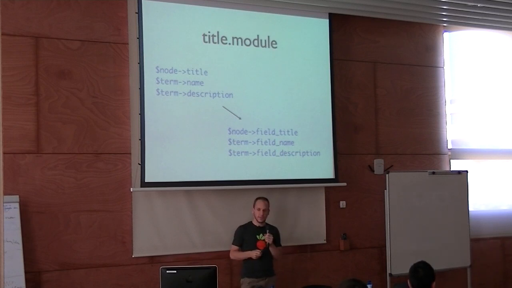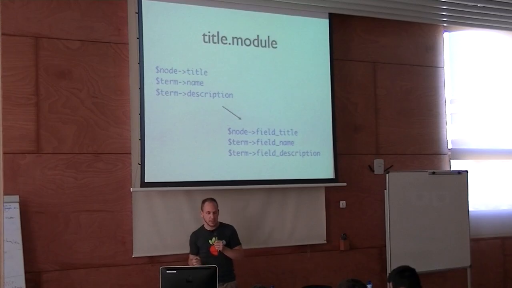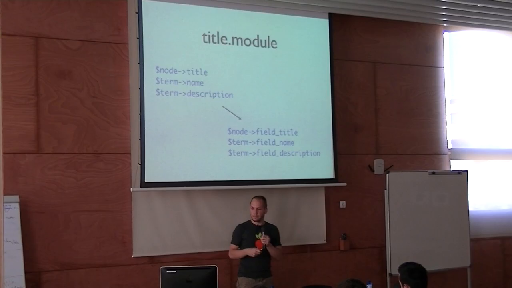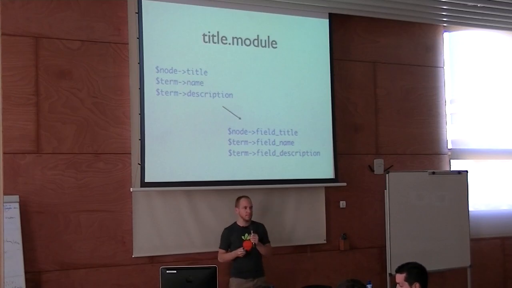It also does the same thing for taxonomy term name and taxonomy term description, and it works pretty much transparently. You just enable it, and you need to replace those titles, and then it just works.